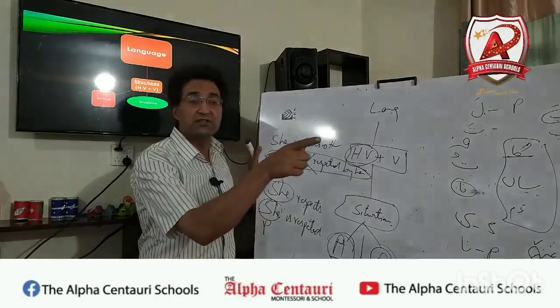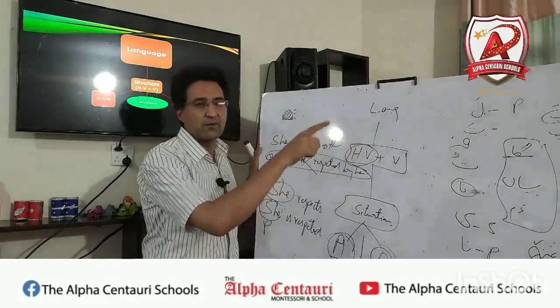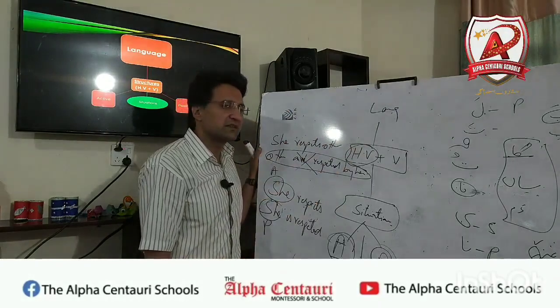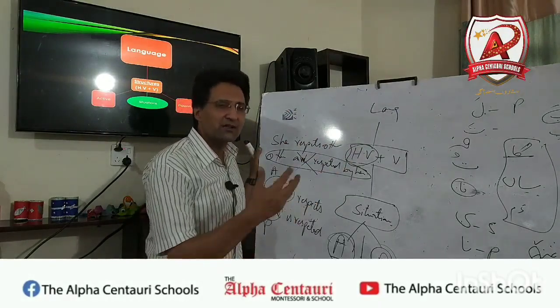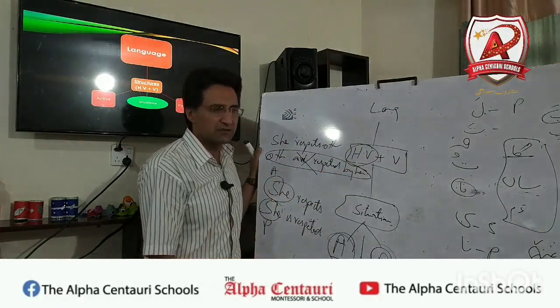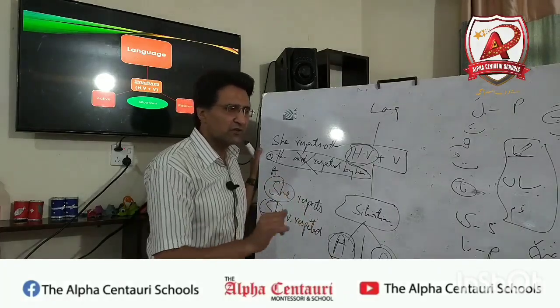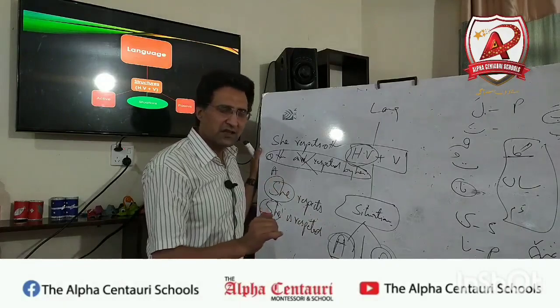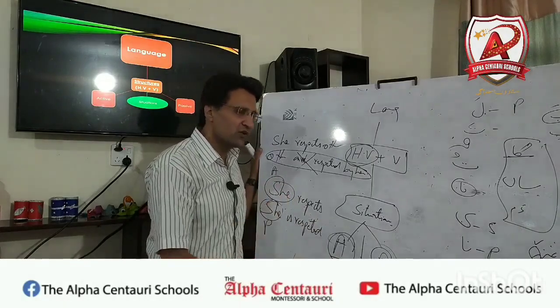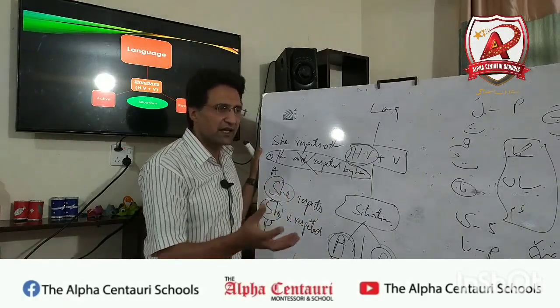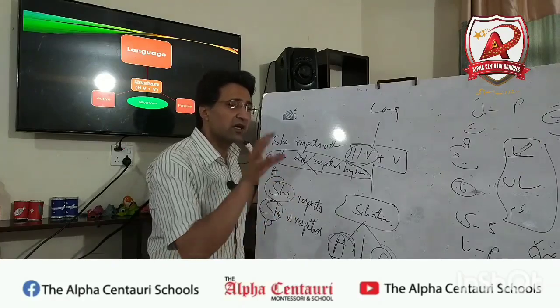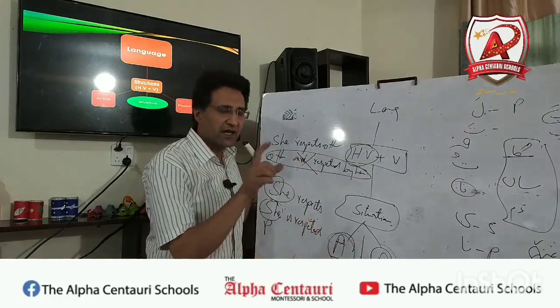Can I say that she deliberately ignores the problem? No. What should I say? That problems are ignored by her unknowingly because of her busy routine. She never ignores. Problems are ignored. Clear?